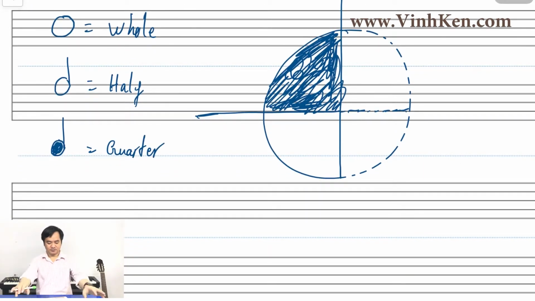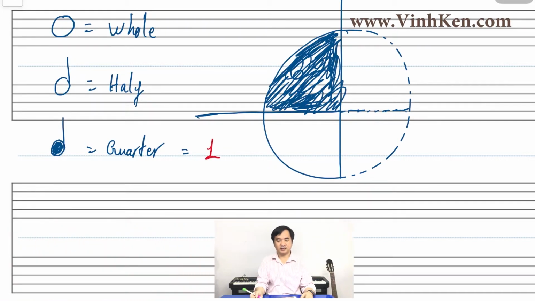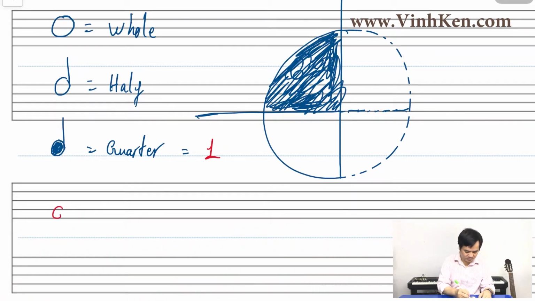So now let me take a quarter as 1. So if I take it as 1, then a half becomes 2, isn't it? Or a whole becomes 4. Very easy. That means we have a map here.